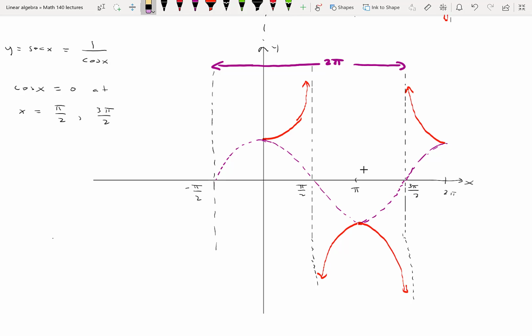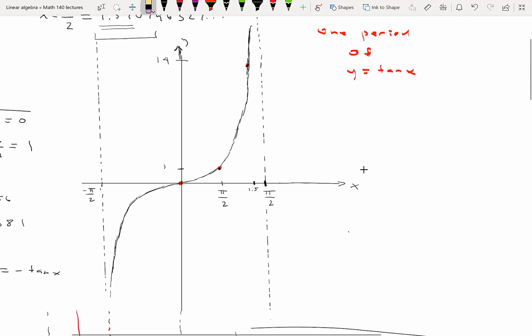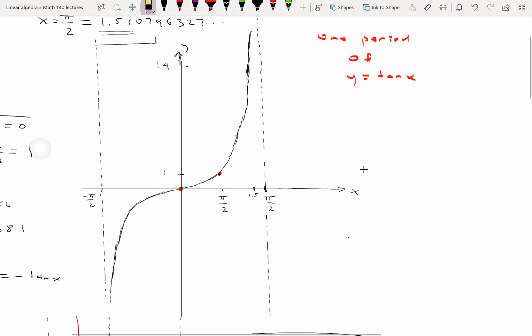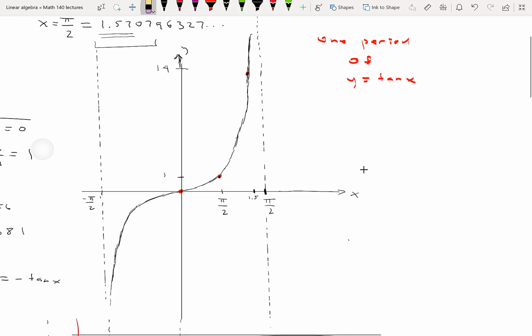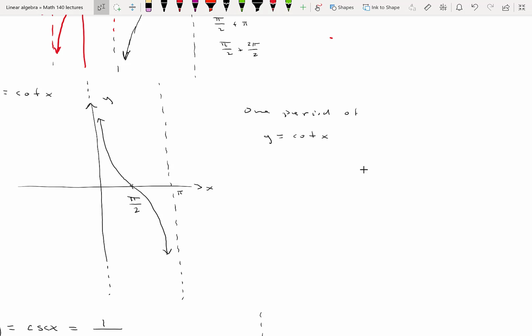In any case, we now have the other four trig functions. We have the tangent, which increases as we go from left to right and lies between vertical asymptotes at negative pi over 2 and pi over 2. We have the cotangent, which lies between 0 and pi and decreases as we move from left to right. The graph is going down.